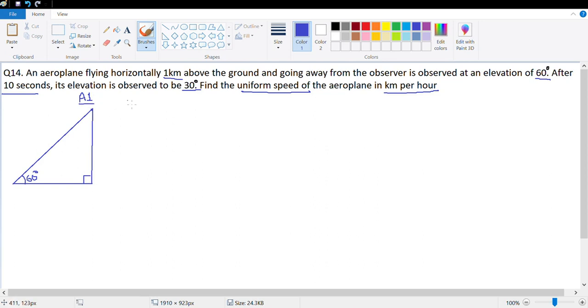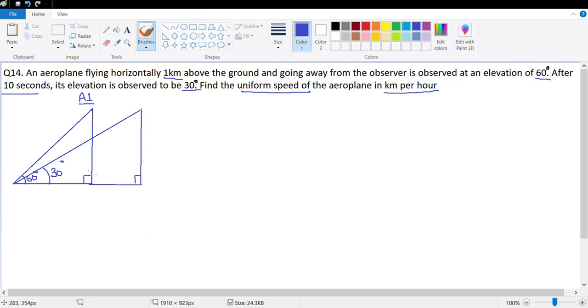Next, it is moving for 10 seconds, which means the aeroplane would have moved slightly here, in a horizontal direction for us, so my aeroplane has reached somewhere here. The height of the aeroplane is not changing, and now the next angle of elevation is 30 degree. Done. That's basically the question.